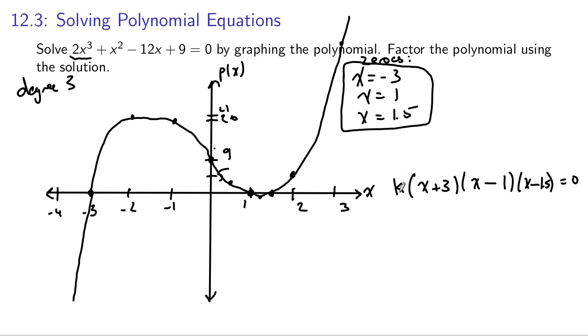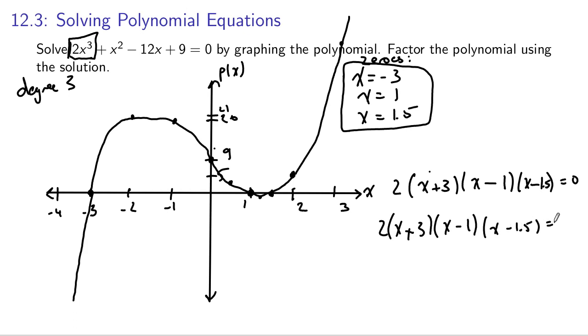So what would this k be? Well, that can be found by thinking about the leading term. So the leading term would be 2x cubed right here. So in order to get 2x cubed, k is going to have to be 2. Okay, so we can now think about this a little bit more. We have this 2 in front, but we have this 1/2 in one of our factors.